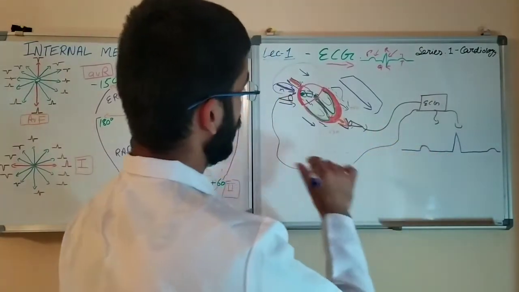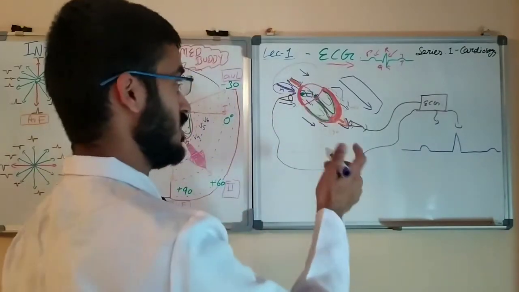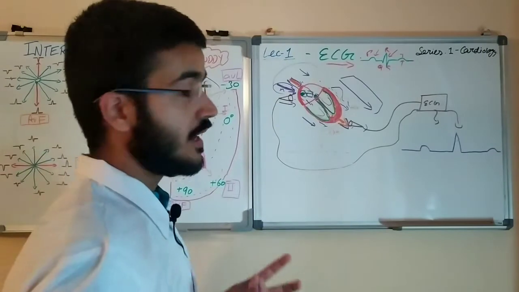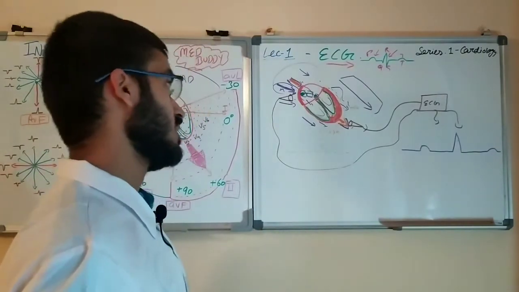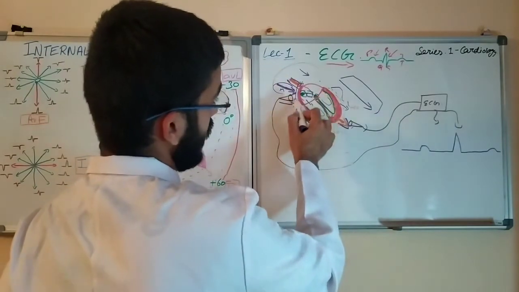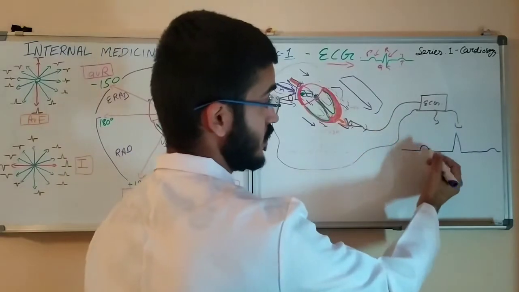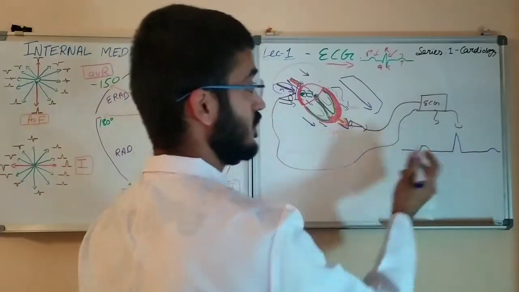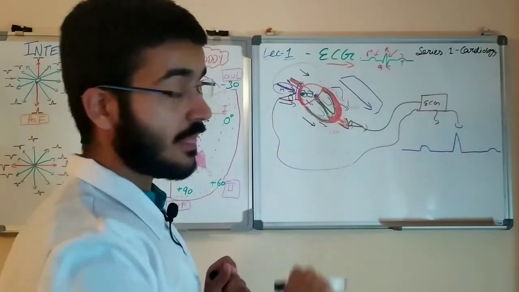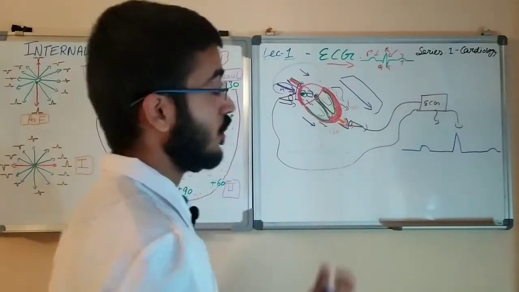The vector produced by the right atrium, actually by the combination of right and left atrium, because they both get depolarized at the same time, largely shows the depolarization of the right atrium. The depolarization of the left atrium is within this wave, but it is covered under the larger vector of the right atrium.